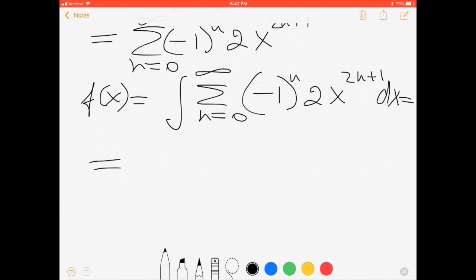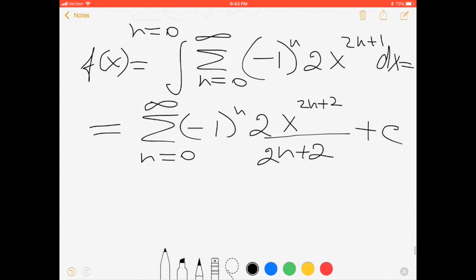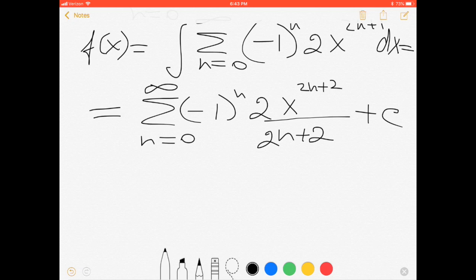We have the series of negative 1 to the power n times x to the power 2n plus 2 over 2n plus 2, from 0 to infinity, plus C. Plugging in x equals 0, f(0) will be exactly natural log of 1, which is 0.